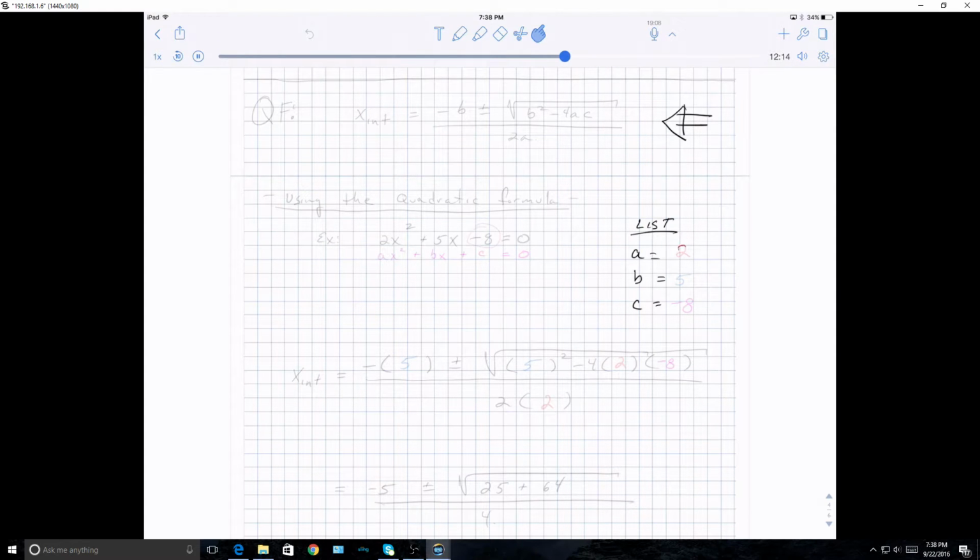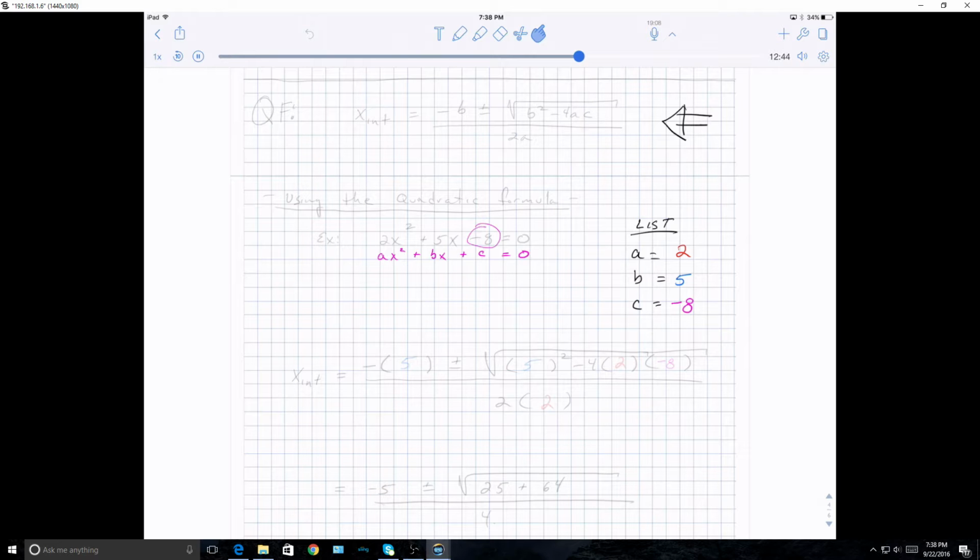So A is 2, we'll use red, B is 5, we'll use blue, and we'll use hot pink for negative 8. Now, be careful, remember that the standard form is ax squared plus bx plus c is equal to 0. So, ideally all we're doing is taking that negative 8 that we're adding.